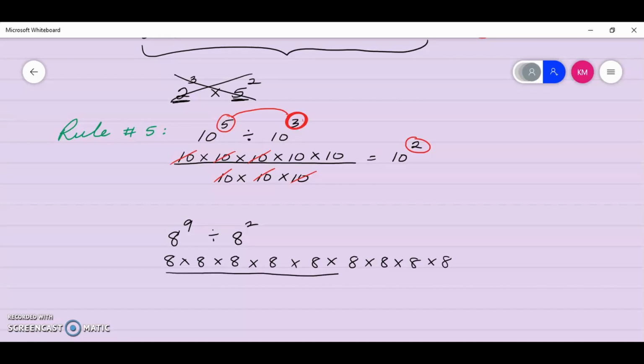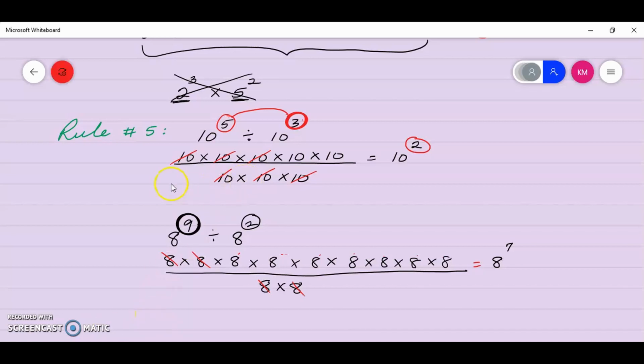And we are dividing this by 8 to the power 2, so it's 8 by itself 2 times, and we can cancel this with this and this with this, leaving 8 multiplied by itself once, twice, 3 times, 4, 5, 6, 7 times. So our answer here is going to be 8 to the power 7. And notice how we arrived at 7. It was 9 take away 2 to give 7.